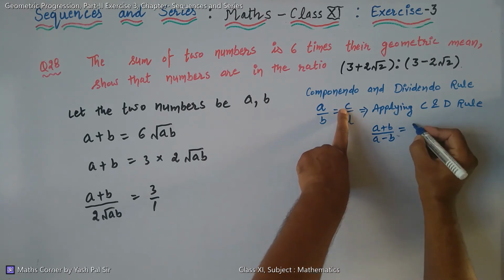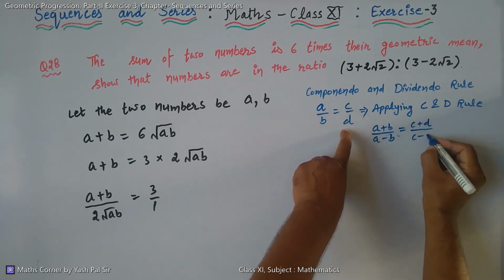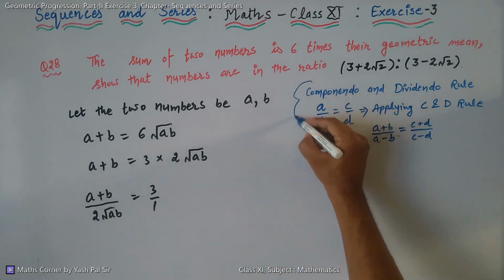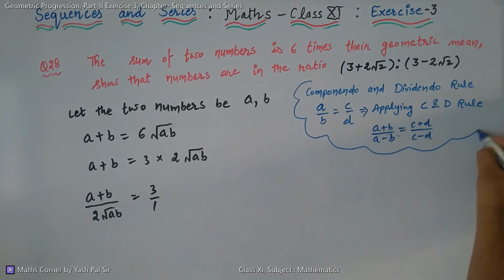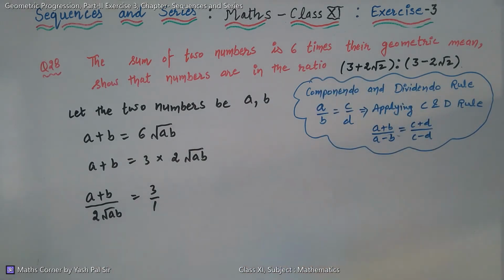Similarly we have right hand side c plus d divided by c minus d. So this rule is called componendo and dividendo rule. This rule will be applicable here now.